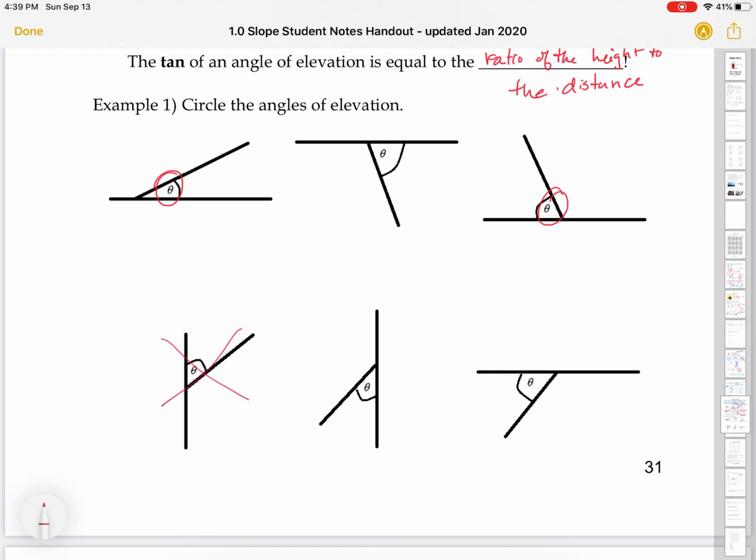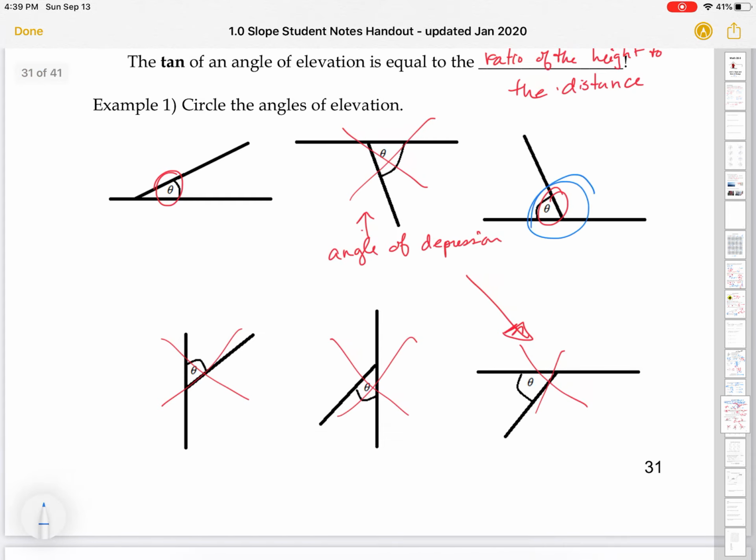Fifth one, no, and sixth one. These would be angles of depression, but they're not angles of elevation. These ones I'm going to circle in blue. Yes, yes, so we're looking up.